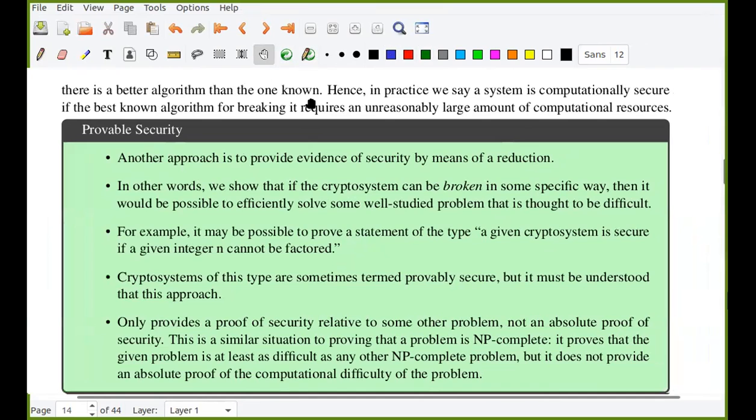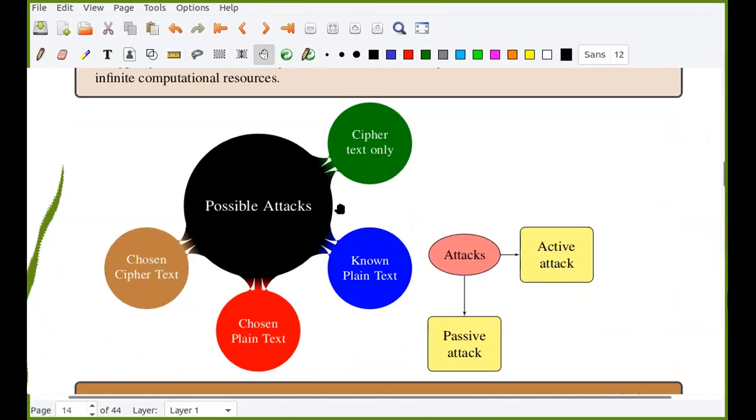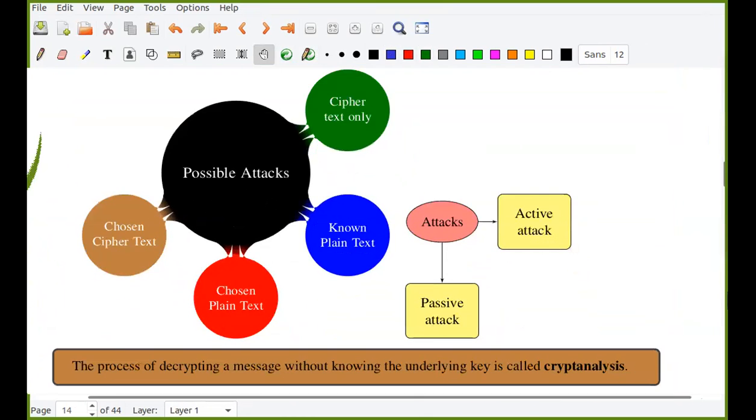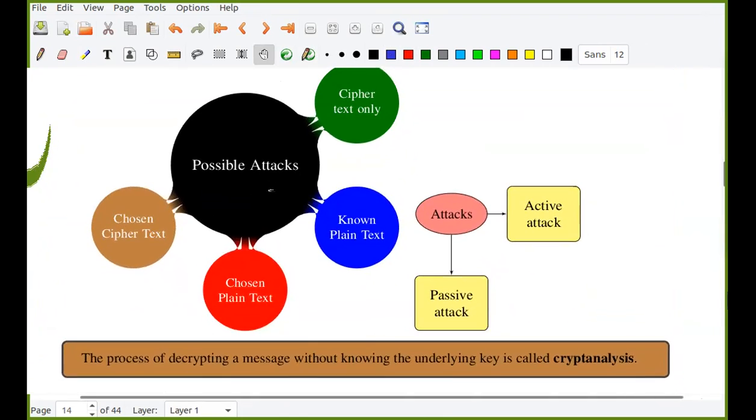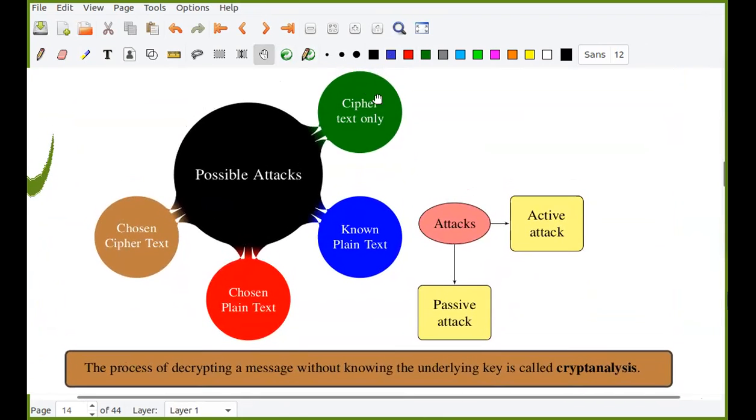Now I'm going to tell you the main attacks: ciphertext-only attack, known plaintext attack, chosen plaintext attack, and chosen ciphertext attack. I will explain these, but there are also active attacks and passive attacks.